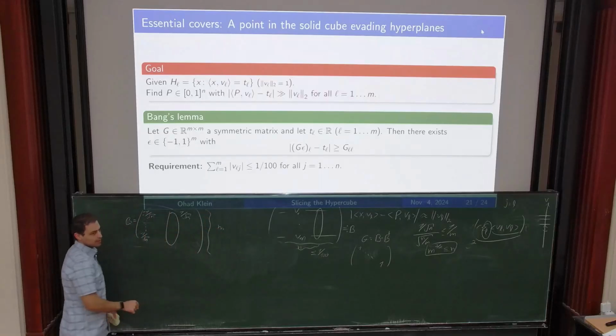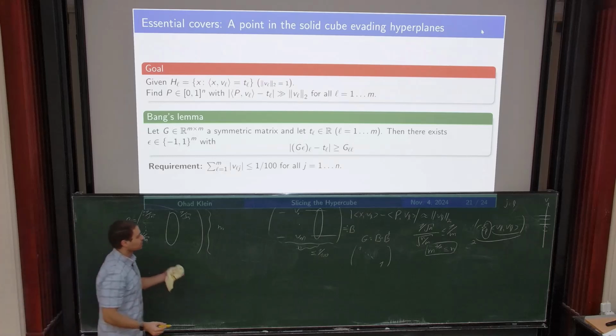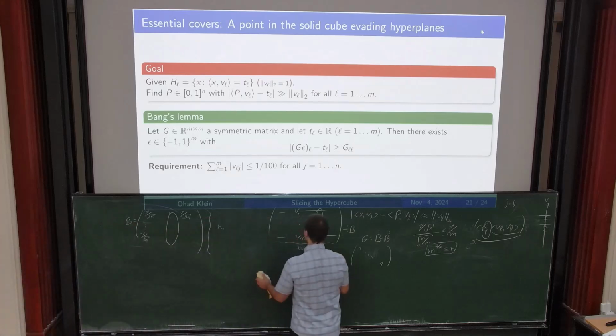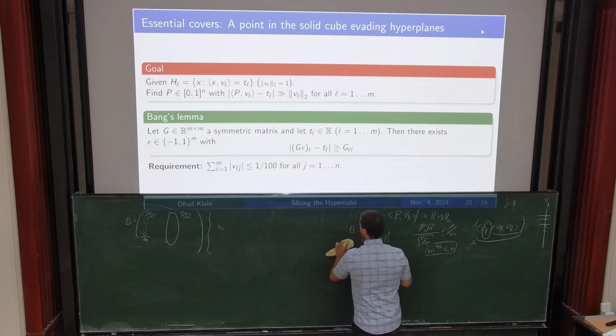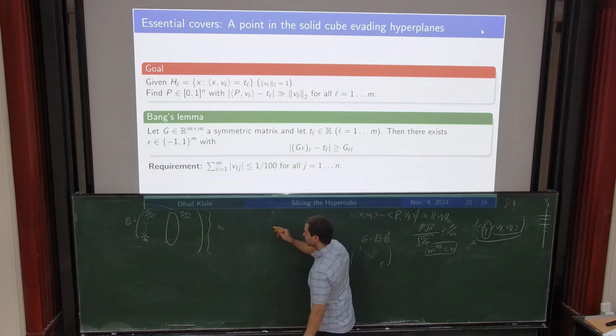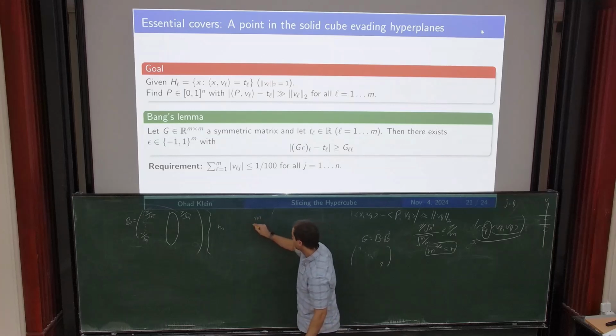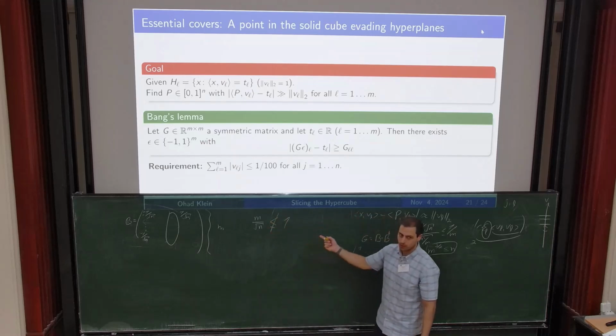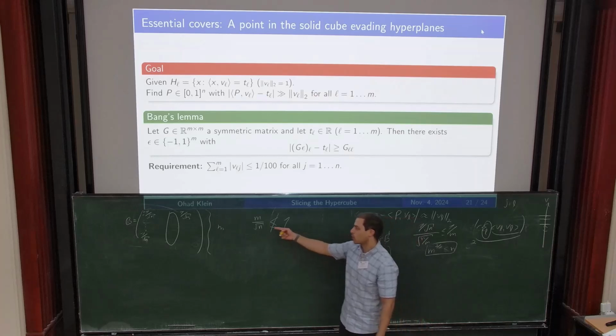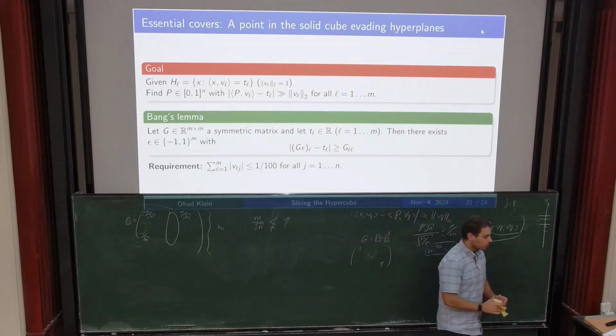Now, what is the sum of each column? So the sum of each column is going to be just m divided by square root of n. And this is not going to be smaller than 1 if we want a large n. This works only up to m of the order of square root of n. We want to go higher than that. Okay, so not good.